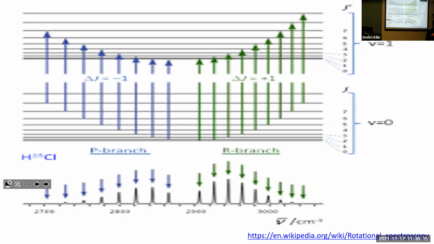But if one would try to agitate this molecule with infrared light, which is approximately tuned to the transition from ground to excited vibrational, one would see that transitions, like you have a beam of infrared light and then you have a detector.